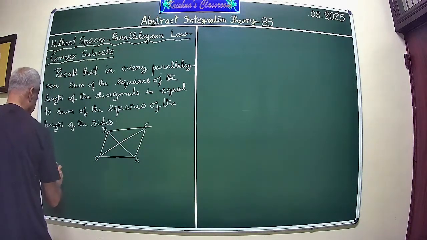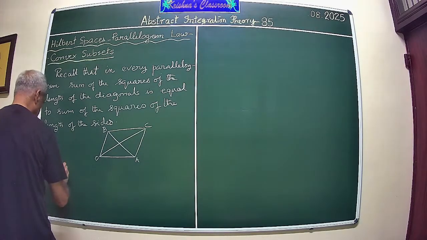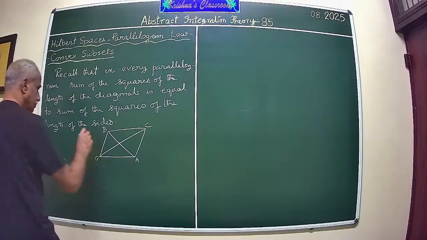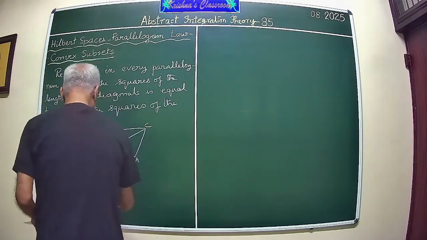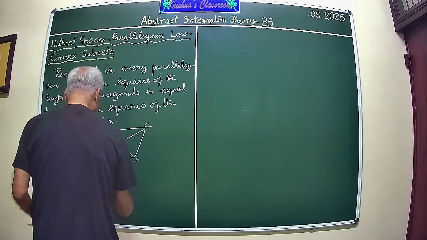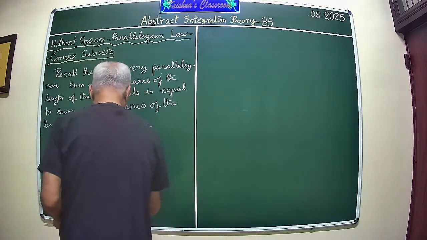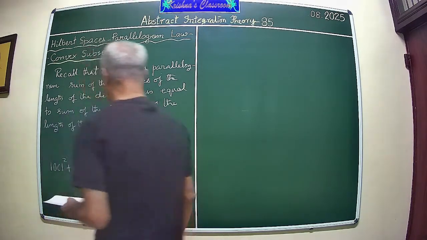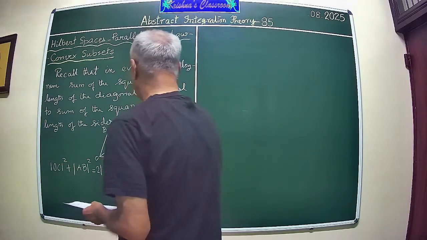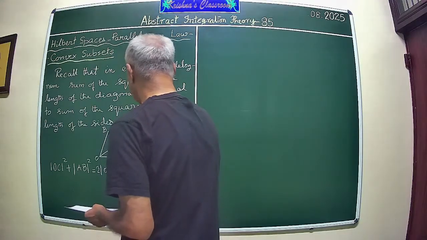I put bar here to show the length. OC square plus the distance AB square is equal to twice length OA square plus twice length of OB square. This means the length of OA square plus length of OB square plus length of BC square plus length of AC square.